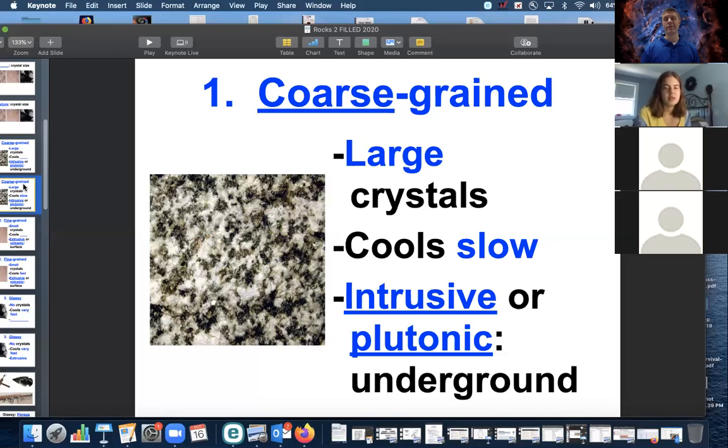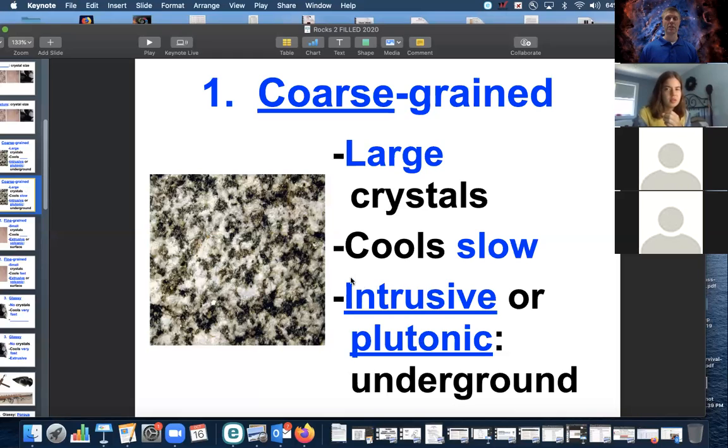We also know where it formed, because there's only one place that it could form if it has large crystals and it cooled slowly, and that's underground. The term we use mostly is intrusive, but plutonic also means the same thing, and they both mean underground. But intrusive is the main one that we'll use.